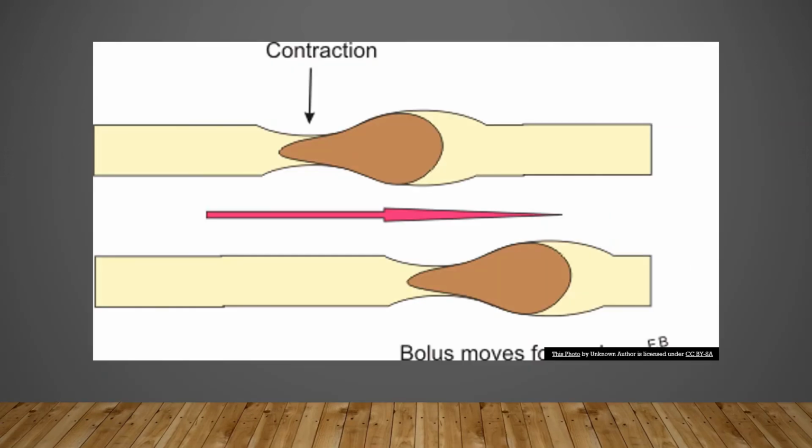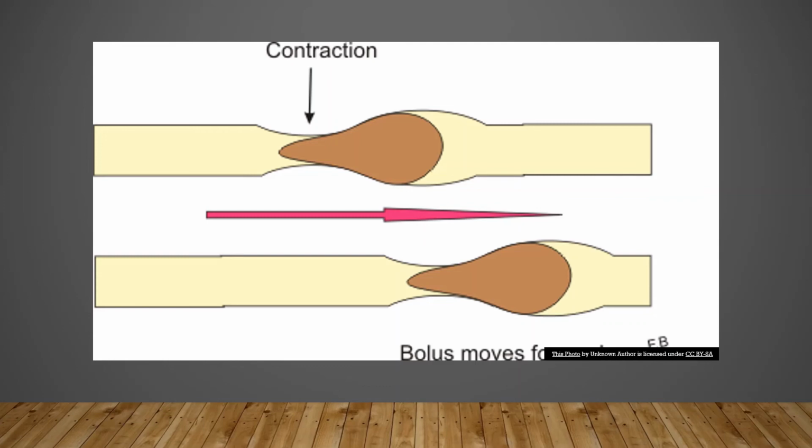The next step is peristalsis. Now, what is peristalsis? Well, peristalsis is the involuntary contraction and relaxation of muscles in the intestine or other canals, creating wave-like movements that push the contents of the canal forward. In the esophagus, the bolus is moved along by the rhythmic contractions of the muscles present in its walls.